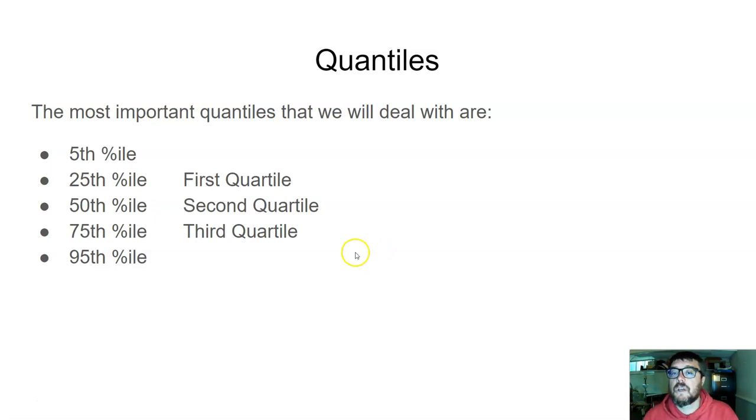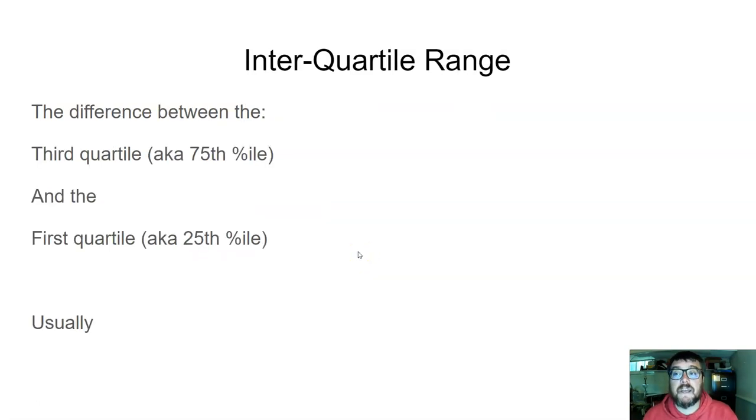The difference between the 75th percentile, the third quartile, and the 25th percentile, the first quartile, is the interquartile range. It's usually the best for ordered discrete variables. So if you're first place, second place, third place, fourth place, fifth place, and you don't really have a second and a half place, you can still talk about the interquartile range of placing. And so that makes sense.